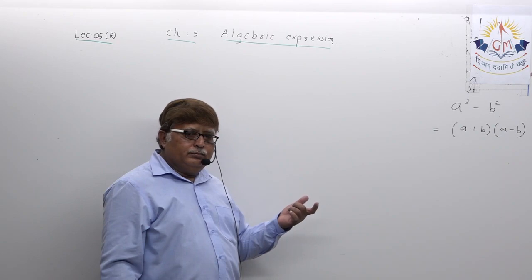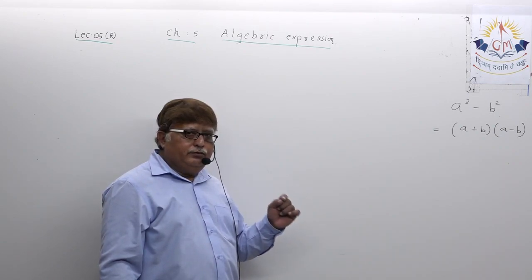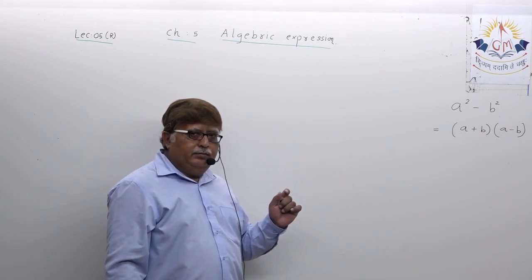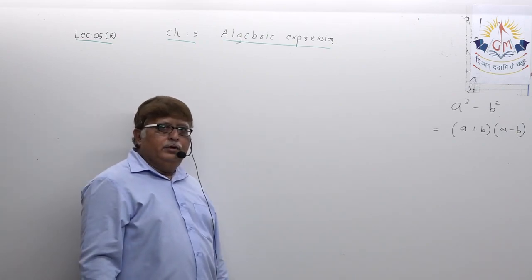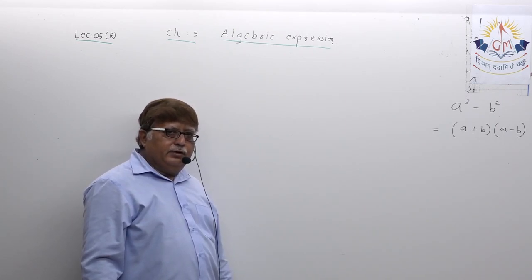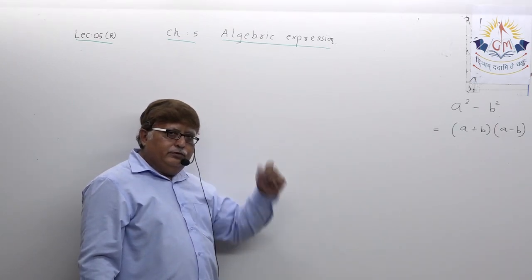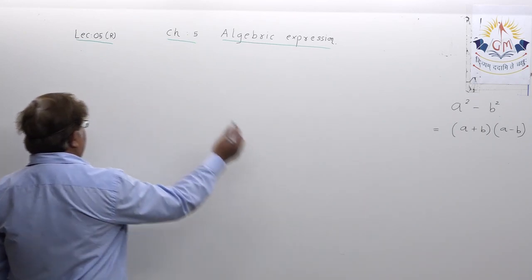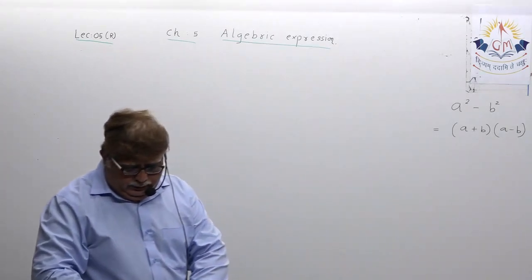Two terms, both are perfect squares, and between the two terms there must be a negative sign, as you all know. That was the criteria for the application of this particular identity. Okay, let us take some difficult examples for revision.